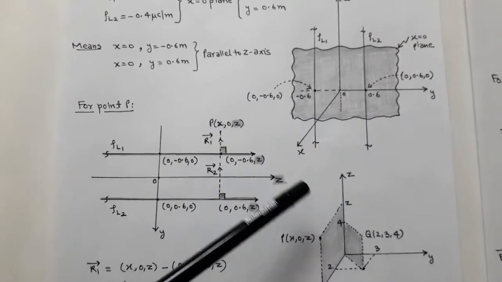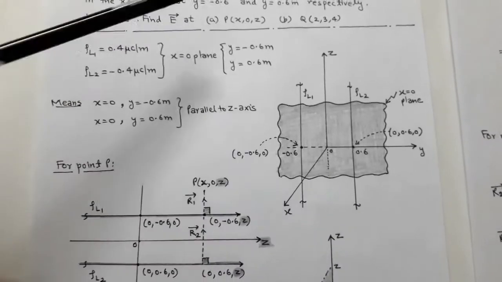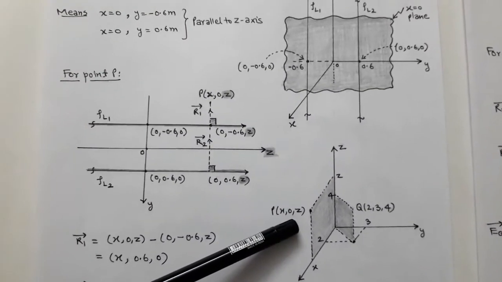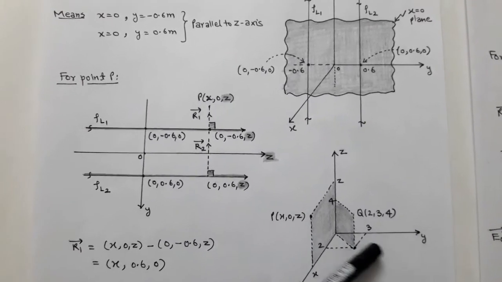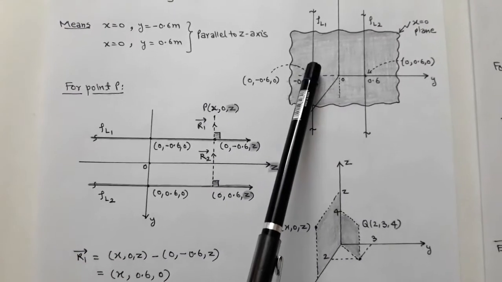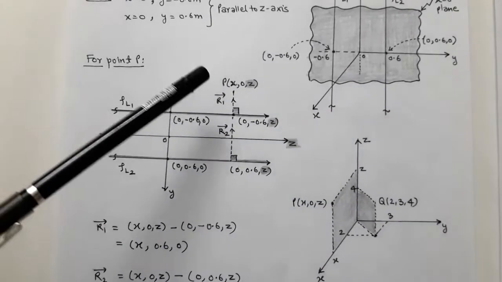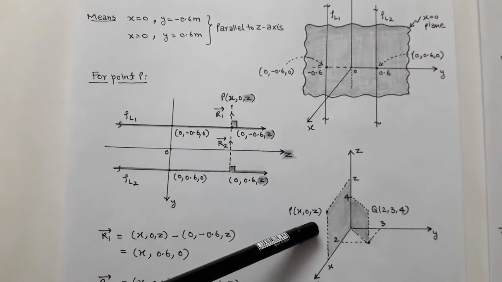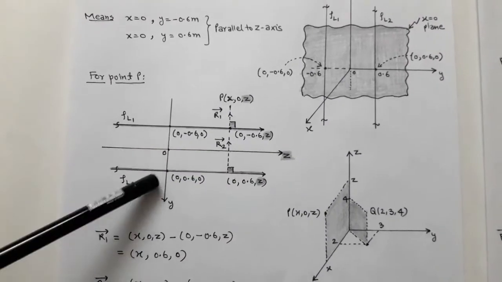Okay. Now since the line charges are parallel to the z-axis and we have to determine the electric intensity E at point P, we have to draw a perpendicular from this given point P onto line charges rho L1 and rho L2. For the perpendicular, the z component should be constant, because here the line charge is parallel to z-axis.